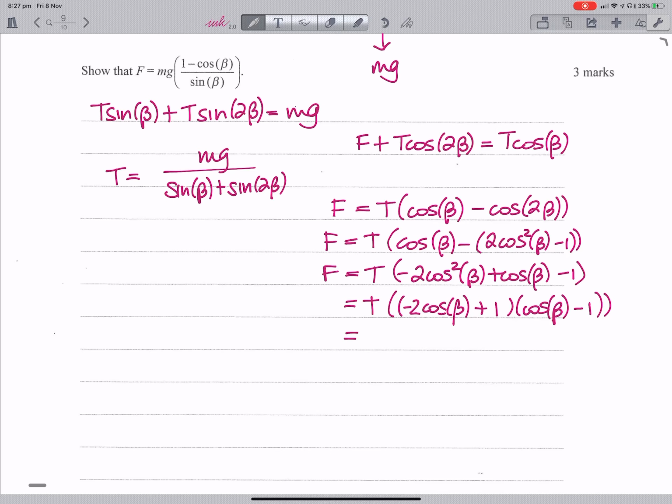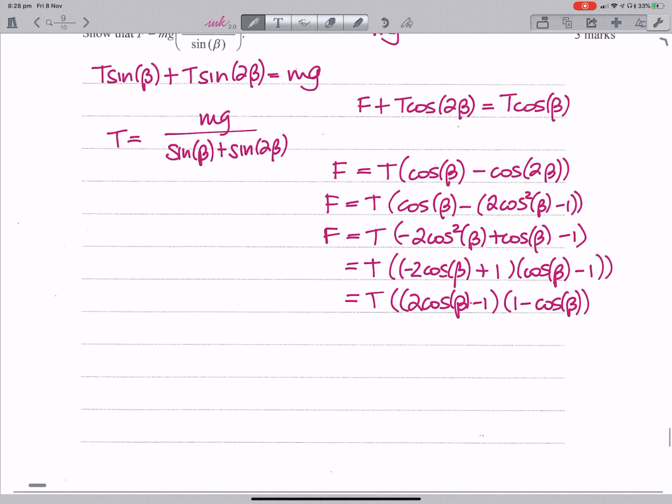Okay, so we've got equals T, let's take the negative to the other one. So 2 cos beta plus 1, minus 1, 1 minus cos beta.